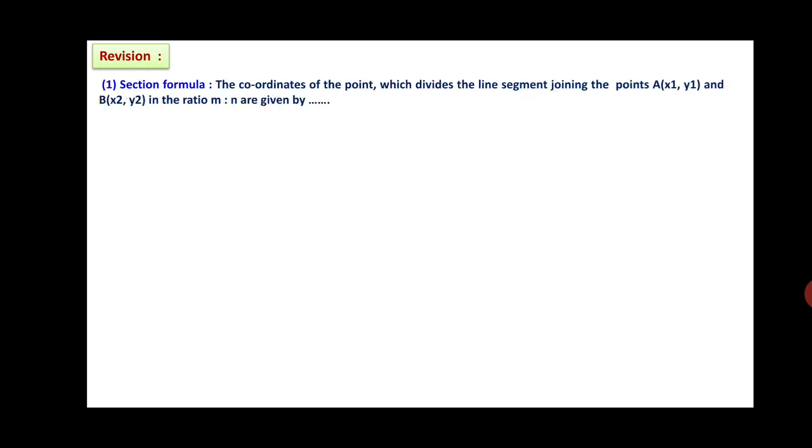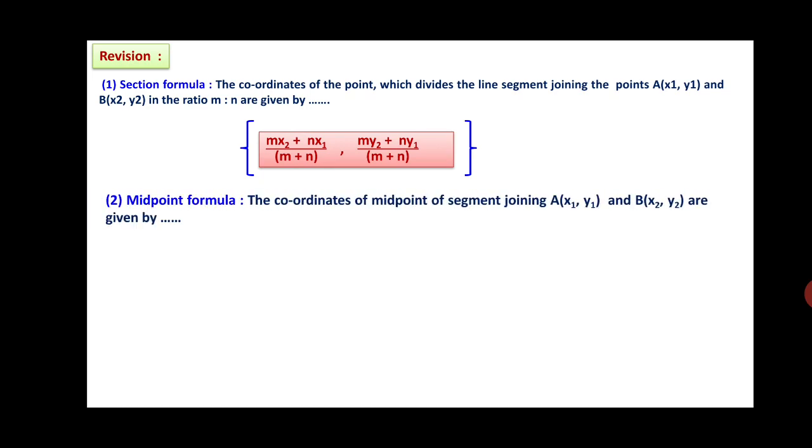Friends, next we will revise what we learned. First, the section formula. The coordinates of the point which divides the line segment joining the points A(x1, y1) and B(x2, y2) in the ratio m:n are given as (mx2 + nx1) divided by (m + n) and (my2 + ny1) divided by (m + n).